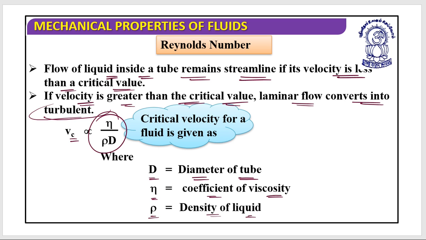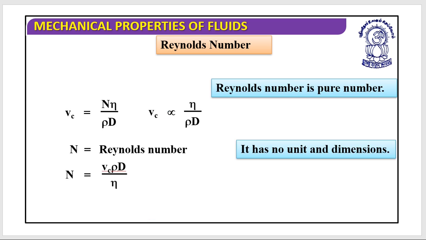I hope this is clear. Is it clear? So from this we have derived one number, that is what we call the Reynolds number, and this Reynolds number could be given as N, which is equals to rho into v into d by eta.